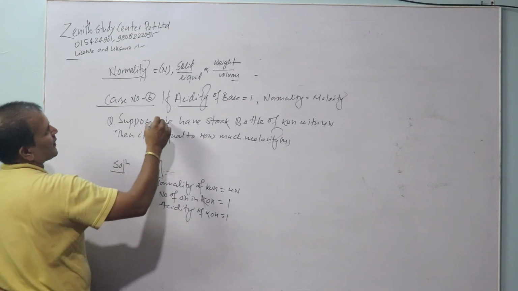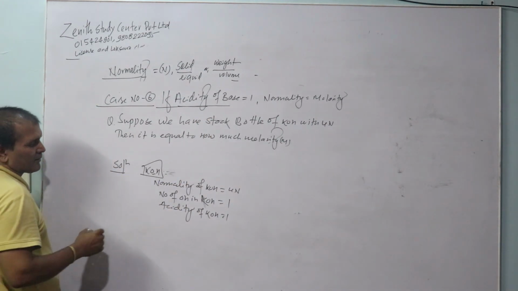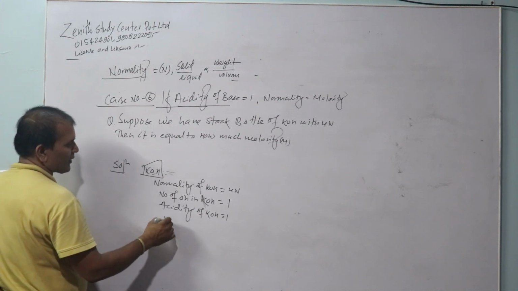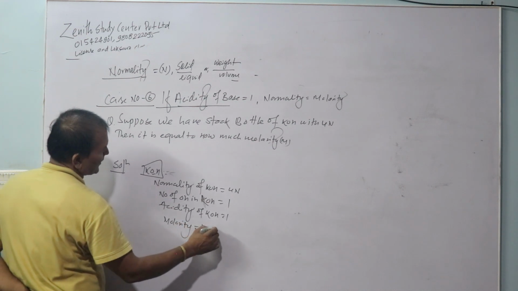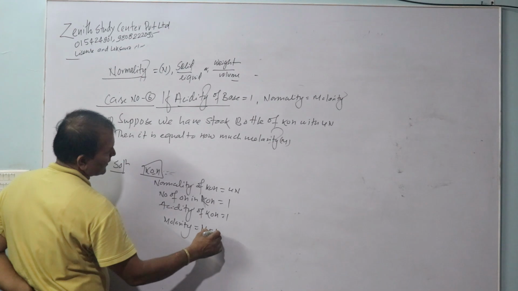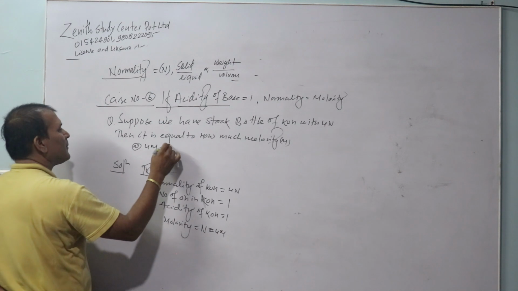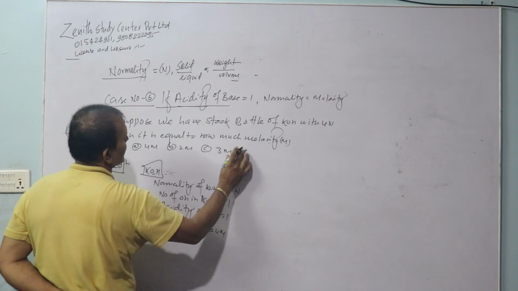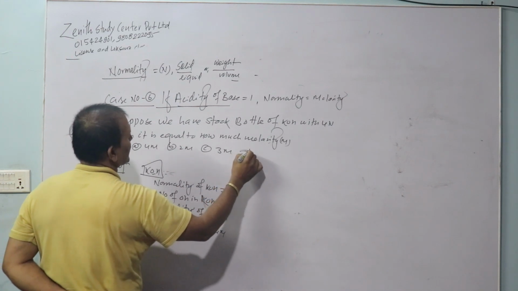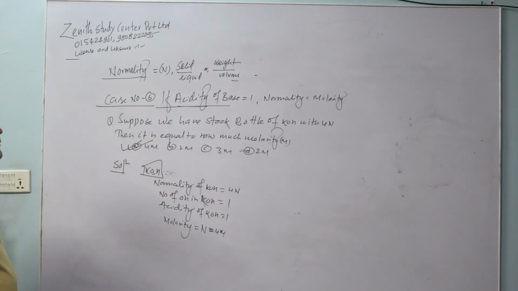When acidity of base is 1, normality equals molarity. So the molarity is equal to normality. What is the normality? 4 normal, so 4 molar. Options: 4 molar, 2 molar, 3 molar. So you can take 4 molar.